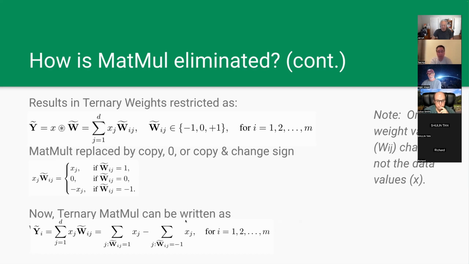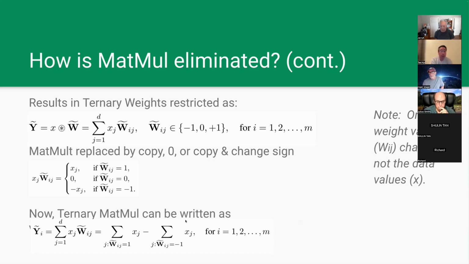Okay. So, Richard, one thing to be clear about is that in these neural networks, the X vector is still full floating point numbers. Yes, absolutely. Sorry, Ted, I should have mentioned it. We're only doing ternary on the weights.